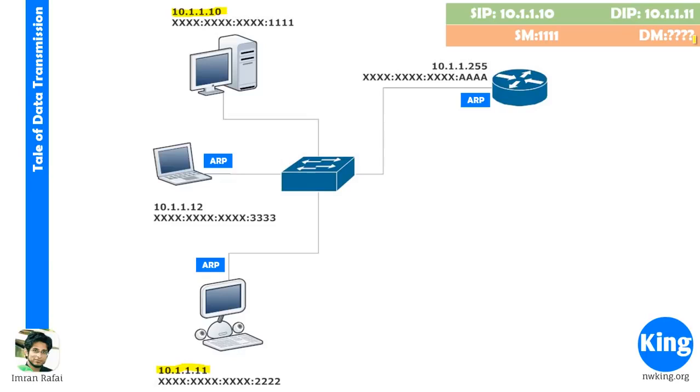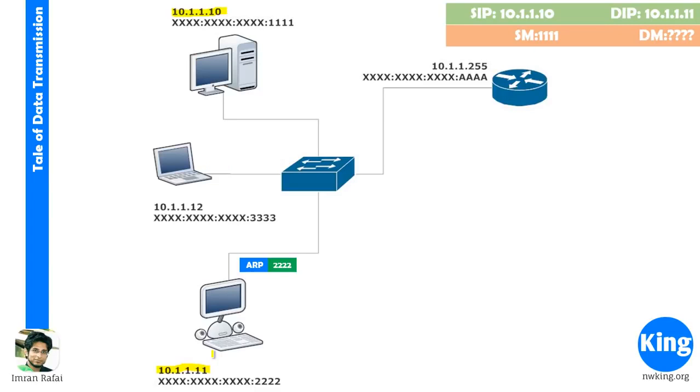Let's assume you're at a party and you're just calling out your friend's name. Everybody hears that, but only your friend responds. Similarly, when this information is received by everybody except the 10.1.1.11 computer, everybody else just drops that packet.